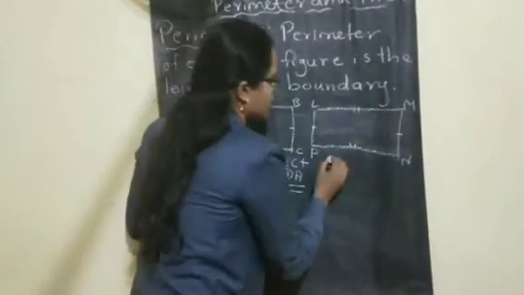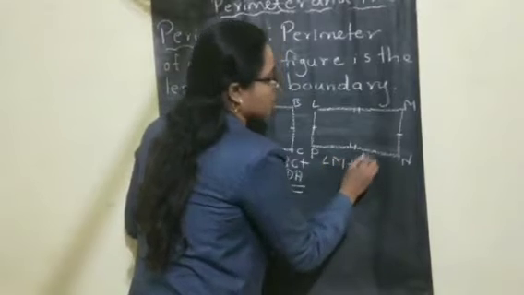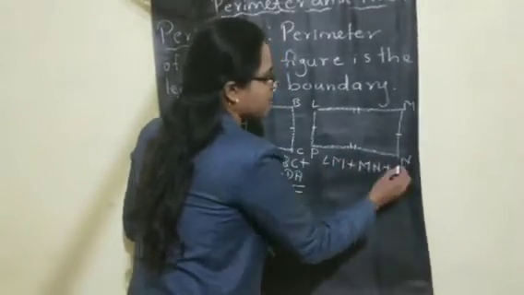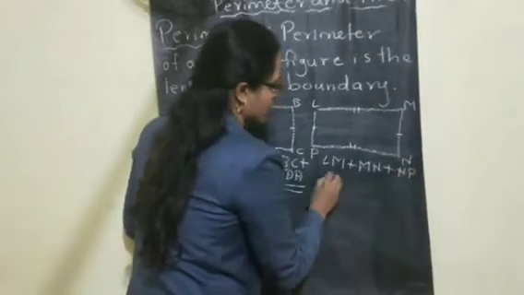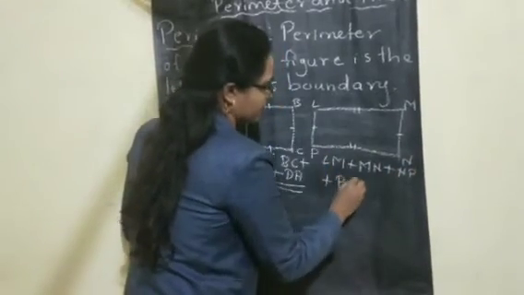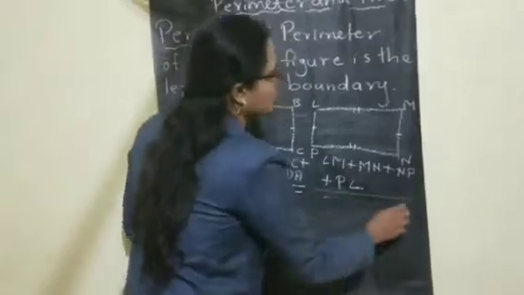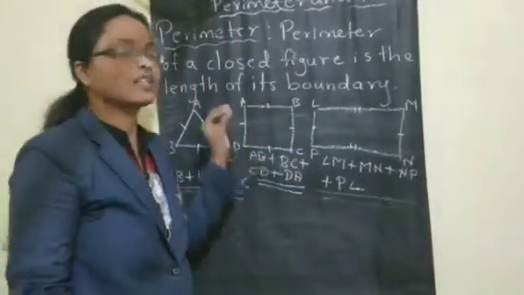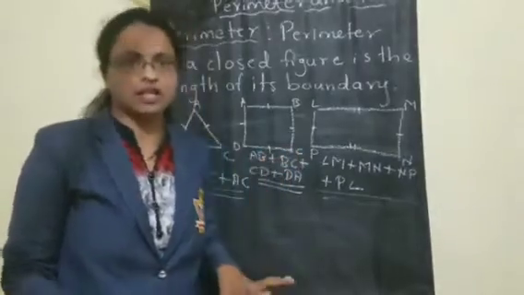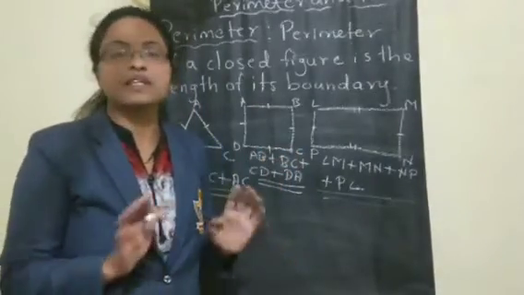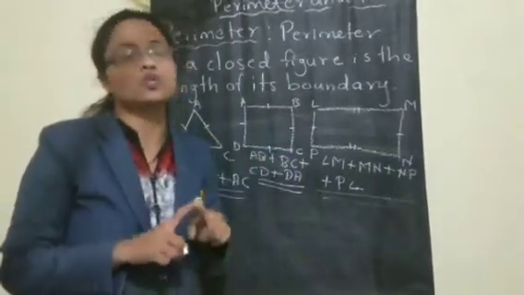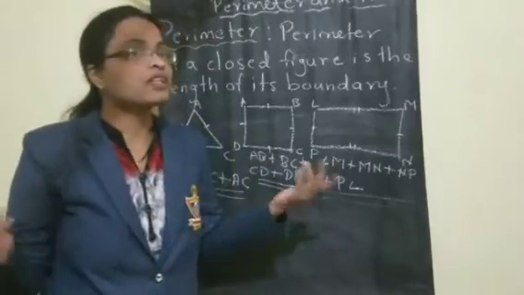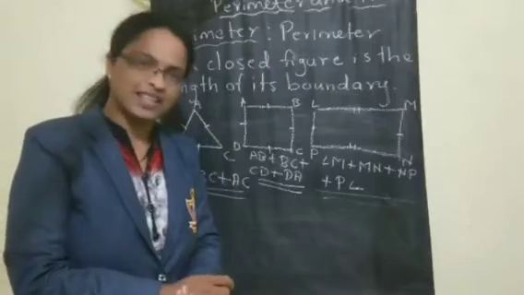So LM plus MN plus NP plus PL. So the addition of all the sides of a closed given figure is called its perimeter. In a simple way, you can say perimeter is the addition of the boundary of any given closed figure. Okay children?